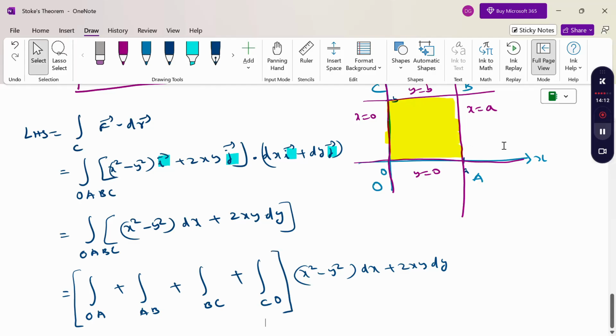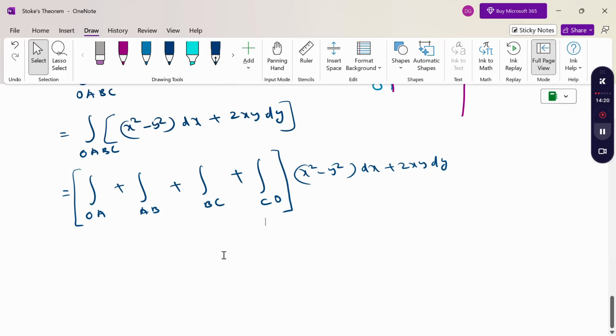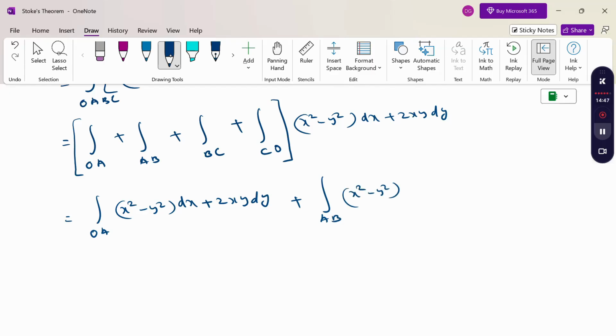So the single line is split into 4 lines, so only the region is possible to calculate. So this region is calculated separately, or individually. Okay, so now I am going to take these lines. First of all, consider O to A, of x square minus y square dx plus 2xy dy. This is the first one, plus the second line A to B, x square minus y square dx plus 2xy dy.